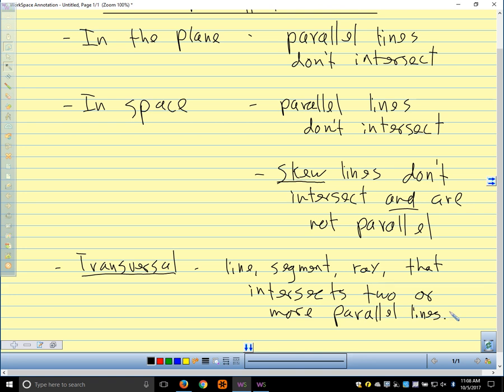So what we're interested in today is what happens when a transversal intersects 2 parallel lines. And lots of nice things happen.